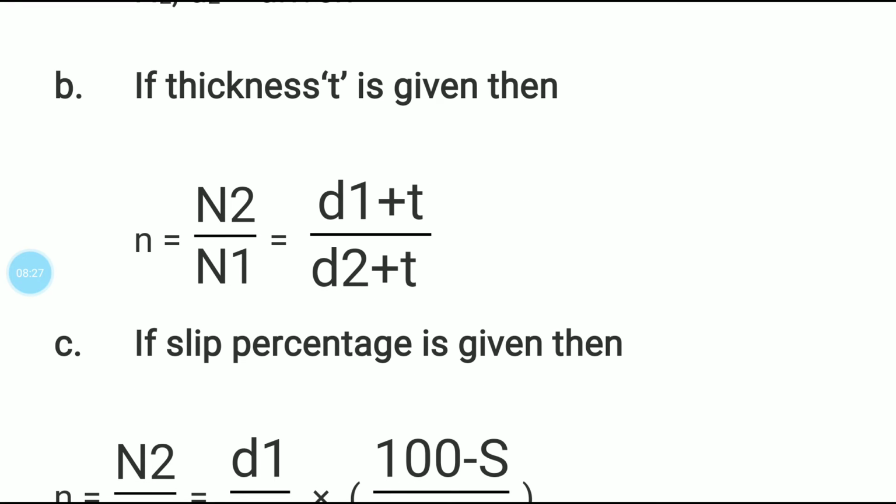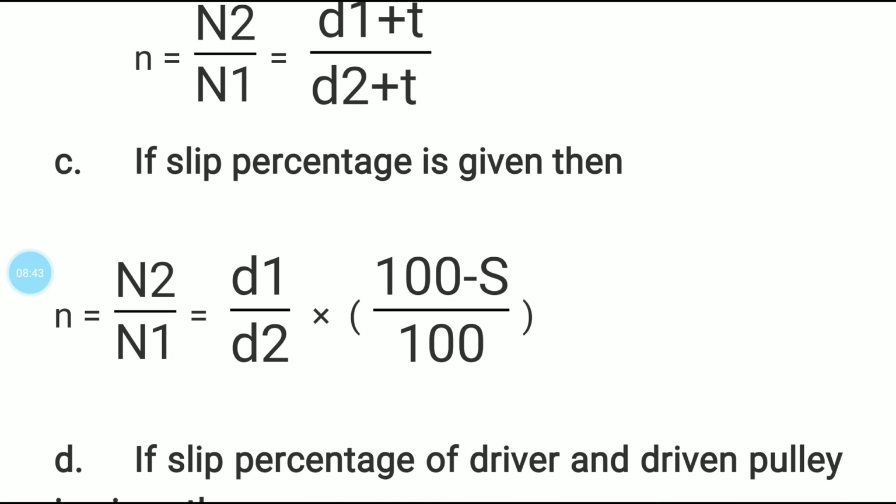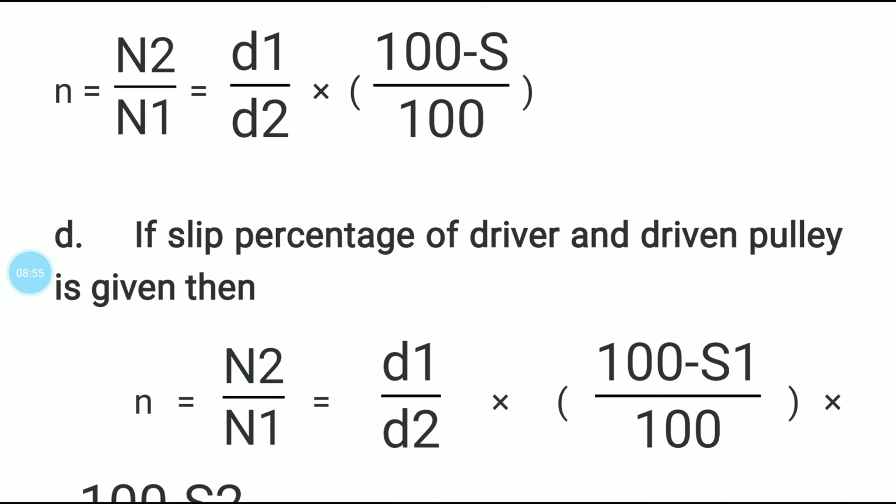B, if thickness T is given, then n equal to n2 by n1 is equal to d1 plus T divided by d2 plus T. So this will be the formula if thickness T is given. C, if slip percentage is given, then n is equal to n2 by n1 is equal to d1 by d2 multiplied by 100 minus s divided by 100.